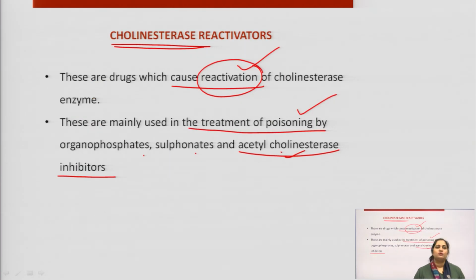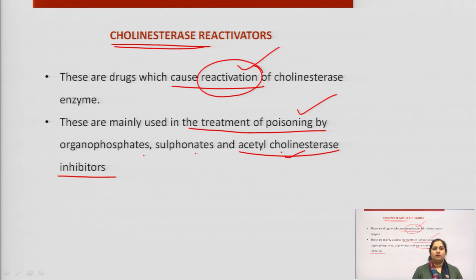Further, sometimes we need cholinesterase reactivators because of the poisoning by the organophosphates that we have studied earlier, as they bind to the enzyme irreversibly, making it inactive. So, sometimes we need to reactivate the cholinesterase enzyme to reduce their effect.